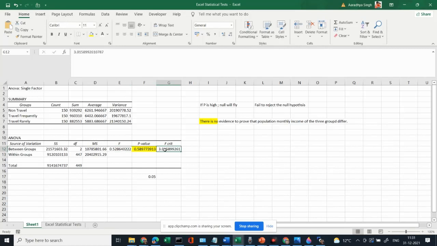The F critical value is the critical value at this particular alpha, 0.05 alpha. And if you go through the route of comparison of the F statistic and F critical value to reject or fail to reject the null hypothesis, then you can literally compare these two numbers.